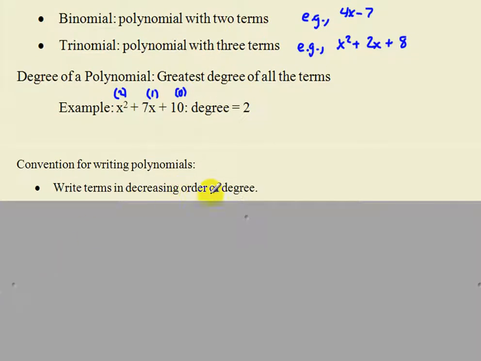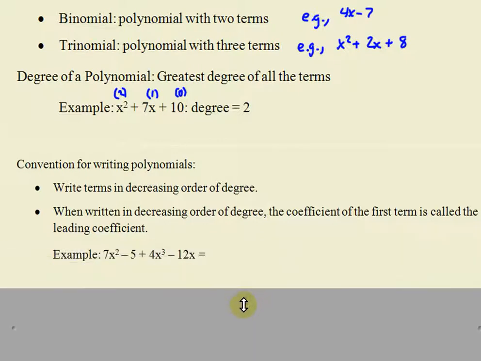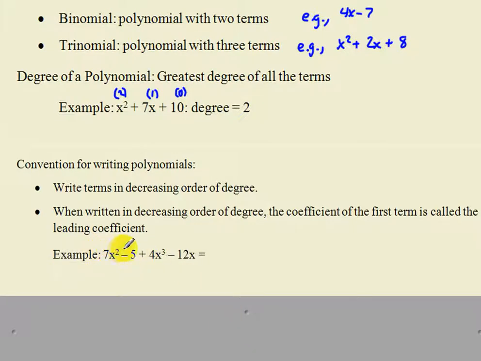Speaking of which, here it is. Our convention is to write the terms in decreasing order of degree, and when we write in that way, the coefficient of the first term is called the leading coefficient. So in our example here, 7x squared minus 5 plus 4x cubed minus 12x, we want to rewrite that so that we have the greatest degree first. Here we have degree 2, degree 0, degree 3, and degree 1.